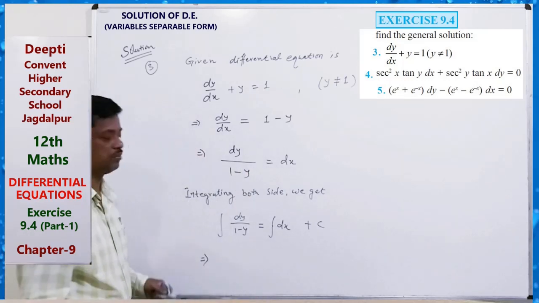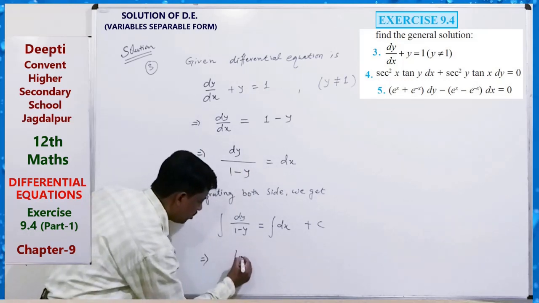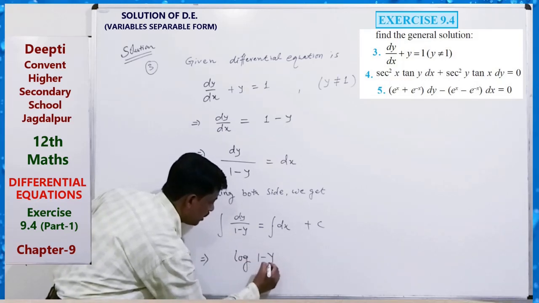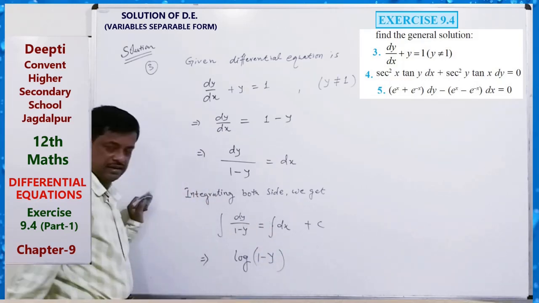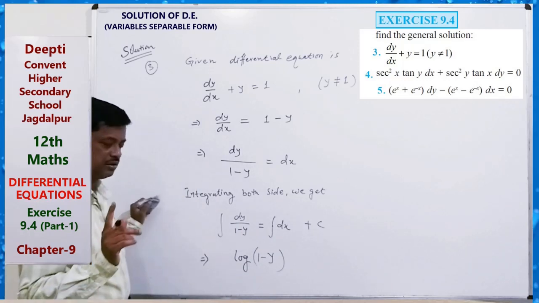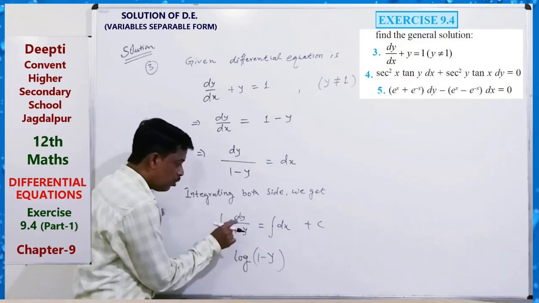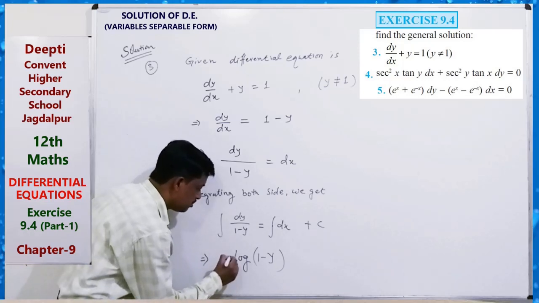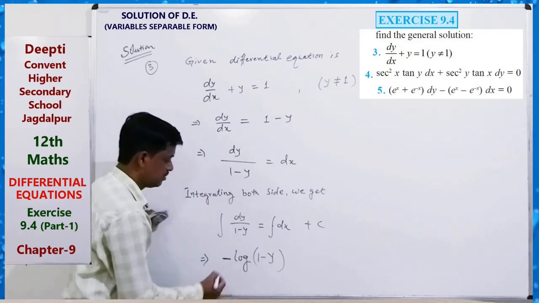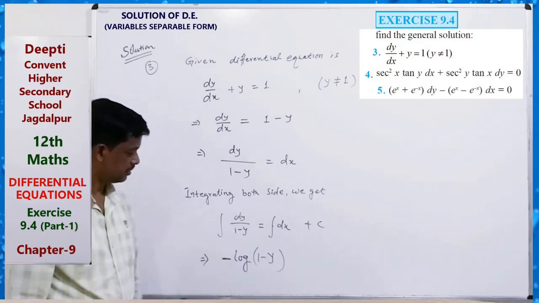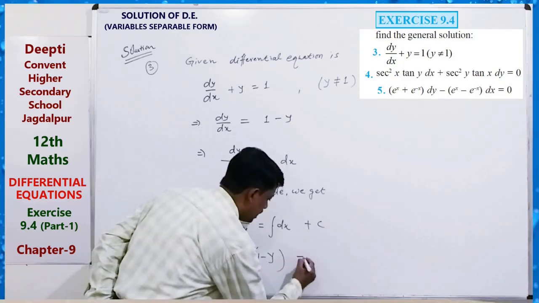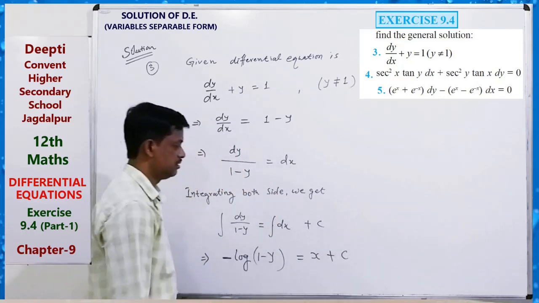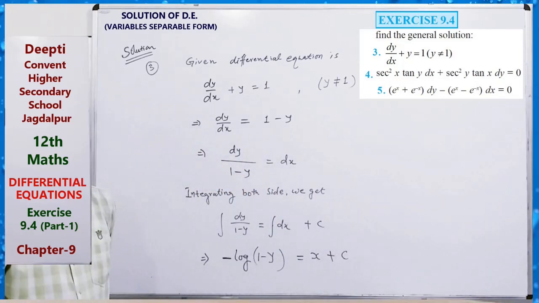So it gives log of 1 minus y, and one thing more: the coefficient of y is minus 1, so we divide by minus 1, that is minus of this. The integration equals x plus c.